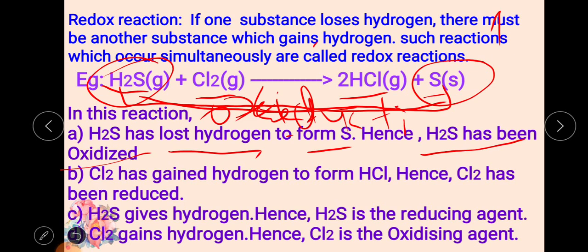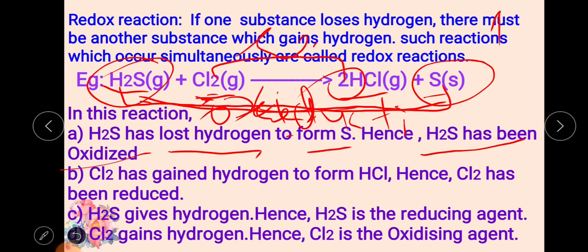And chlorine, in this reaction, has gained hydrogen. This is Cl2, two chlorines, but it has gained the hydrogen which was released from here. We discussed that removal of oxygen is reduction, and not only that, addition of hydrogen is also reduction.